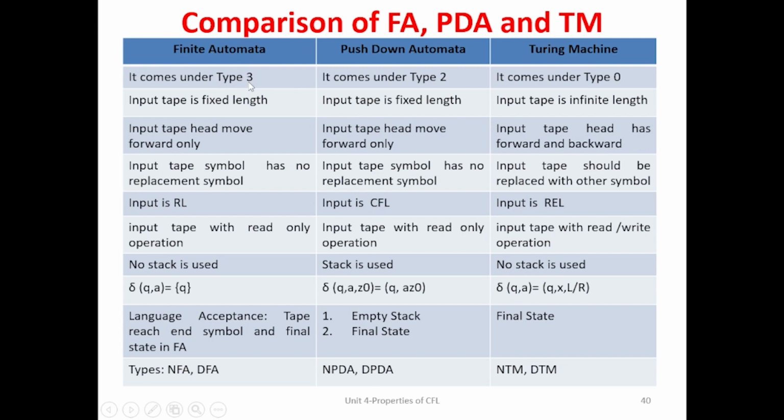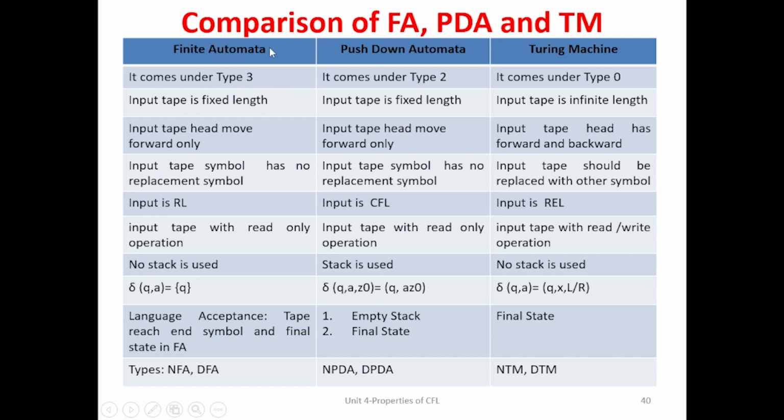If you go for the Chomsky hierarchy of language, type 3 represents regular language. Then the input for pushdown automata is a context-free language, which comes under type 2 language. And Turing machine supports unrestricted language, so type 0 grammar is supported under Turing machine.